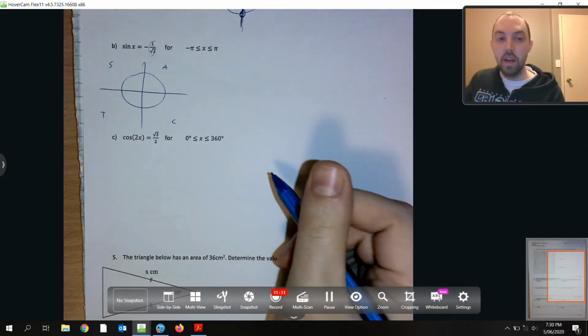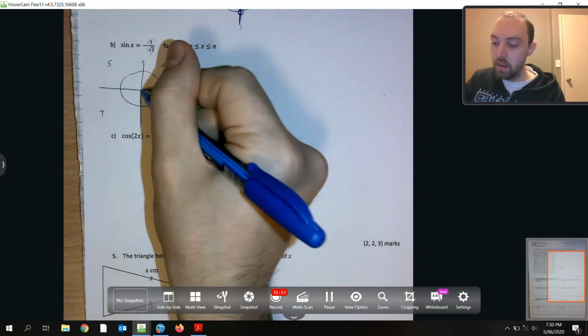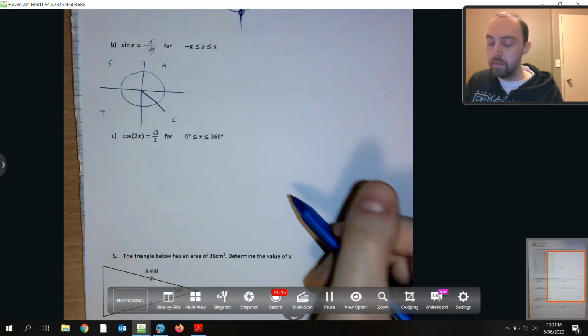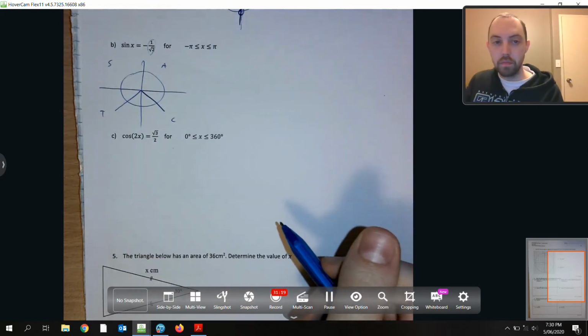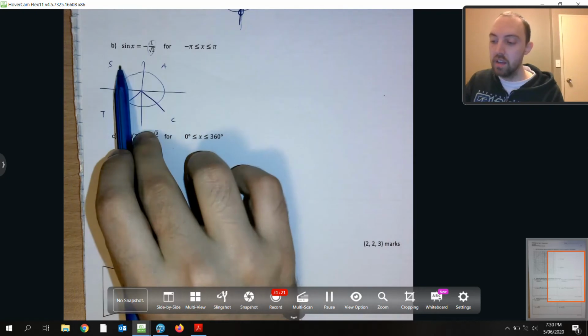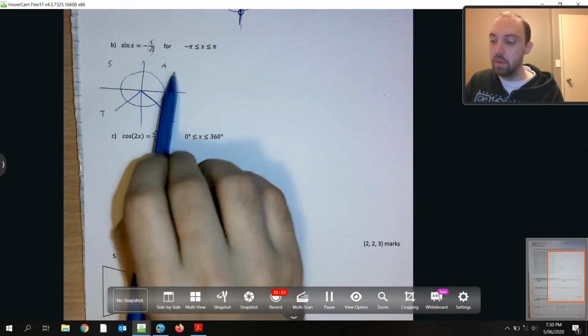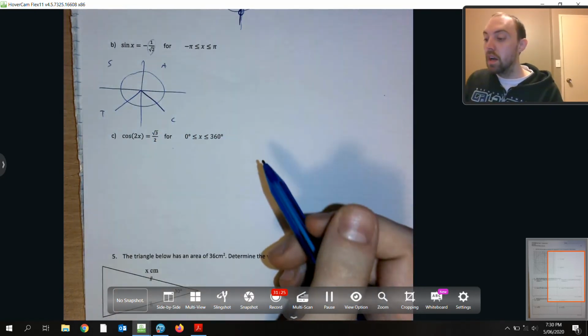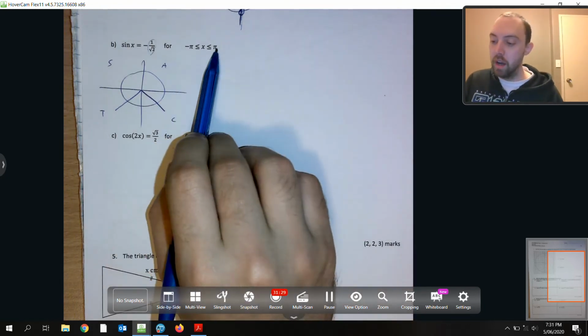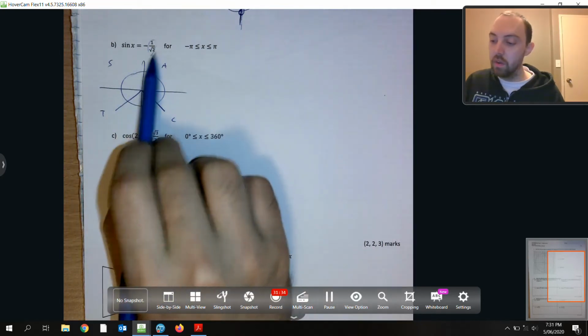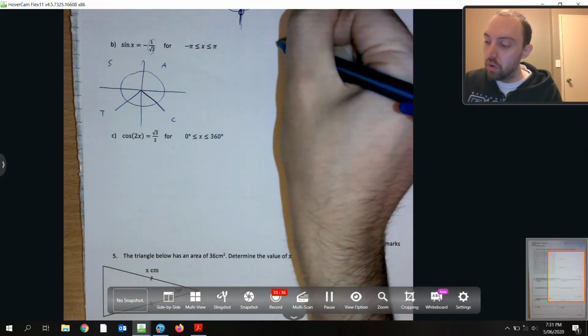ASTC. Sine is negative in the fourth quadrant and the third quadrant, because A and S means that sine is positive, and both of those have to be negative. And we're trying to think of angles between negative pi and pi where we get a value of 1 on root 2.